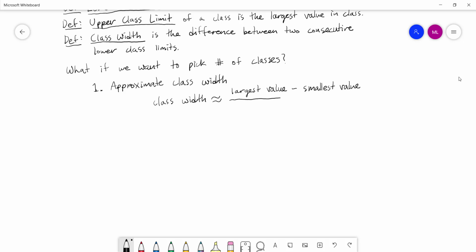And then we divide by the desired number of classes that we picked ahead of time. And this will give us an approximate class width. Once we've got the approximate class width, what we should typically do is round up to a nice number.